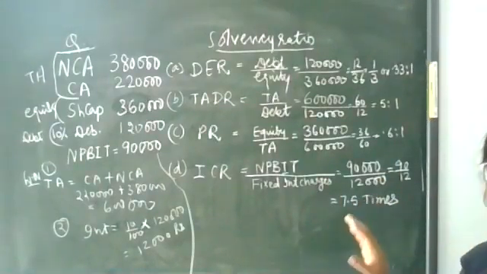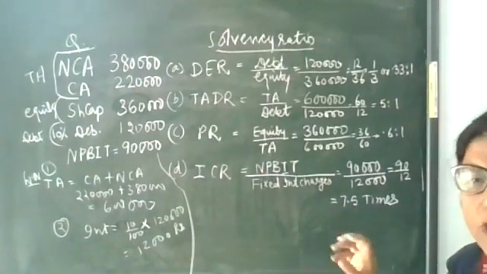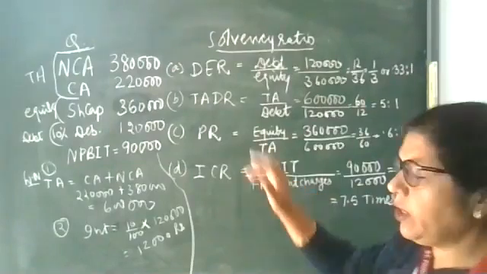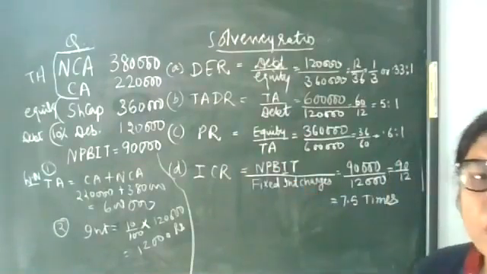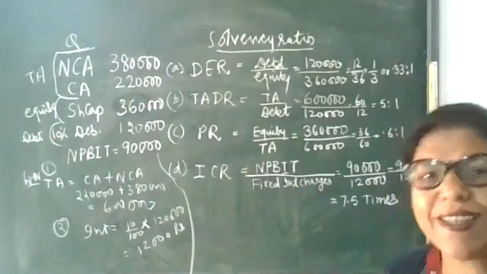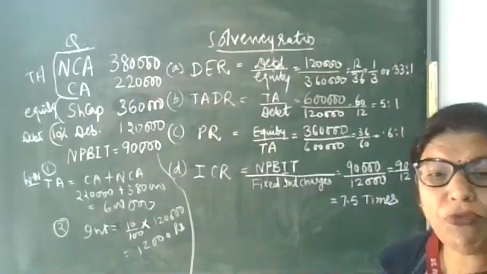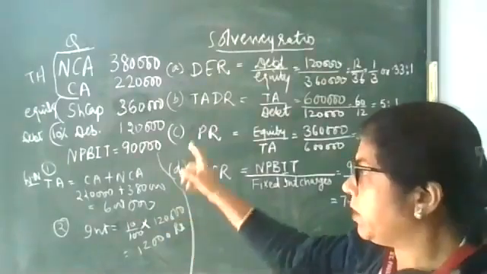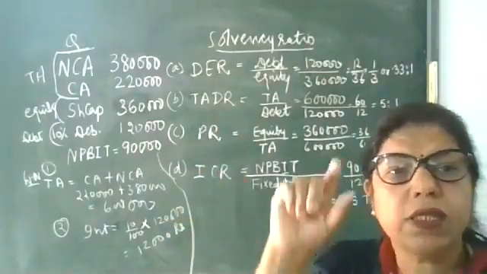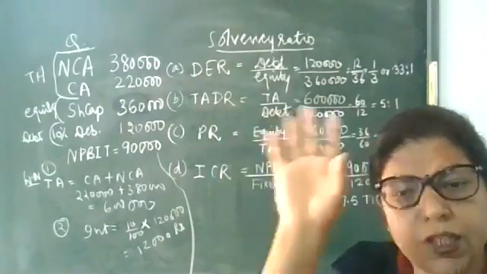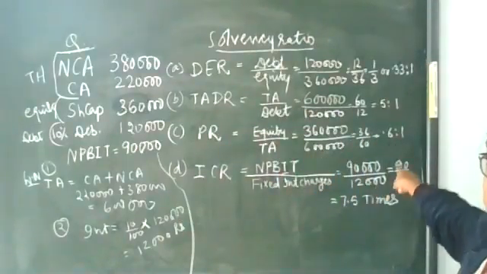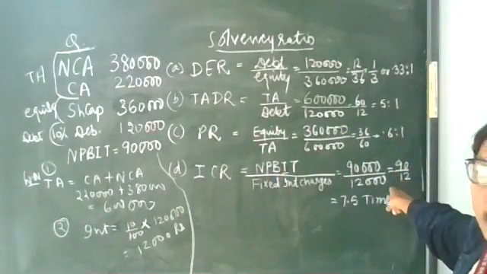And the last is the interest coverage ratio, NPBIT upon fixed interest charges. NPBIT is given in the question. Net profit before interest and tax upon fixed interest charges. See, 10% debentures means that 10% is the fixed interest charge. So that is 12,000, 90 upon 12.